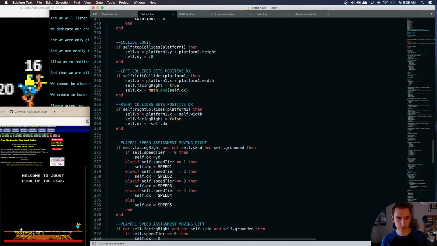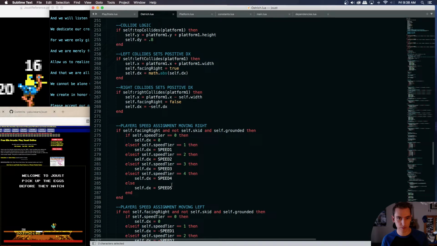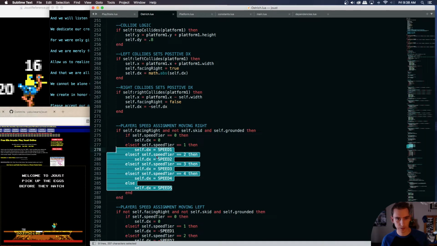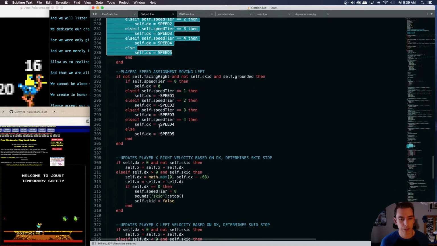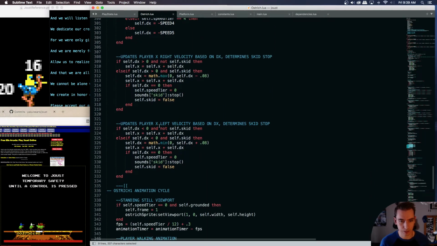So look at here. This is where I'm doing the speed tier. I got another question, which is whether our animation for how fast it's being animated is tethered to speed tier in any way.